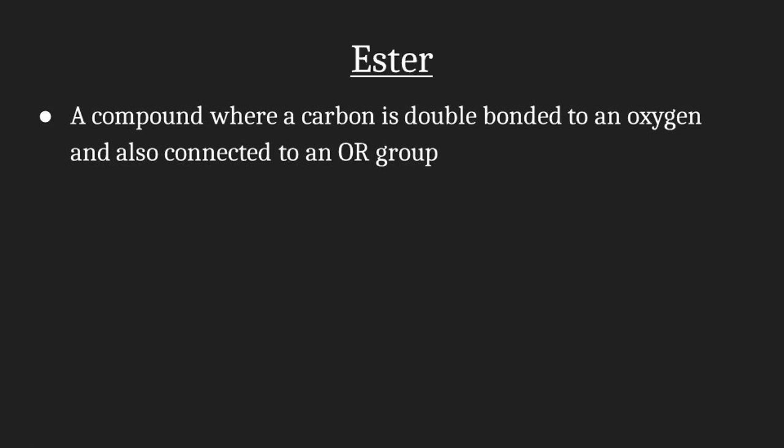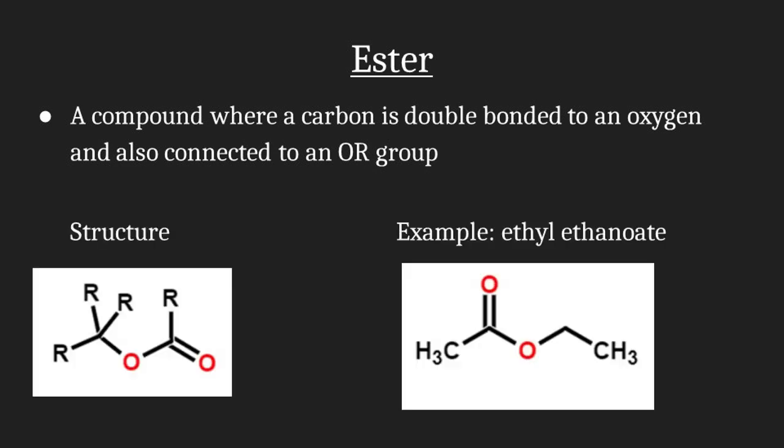The next type is an ester. This is where a carbon is double bonded to an oxygen and single bonded to another oxygen, but that oxygen is then connected to another carbon. Esters are similar to carboxylic acids, except that instead of an OH group, there's an OR group connected to the carbon, such as in ethyl ethanoate.